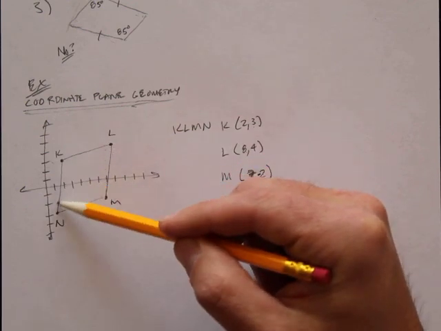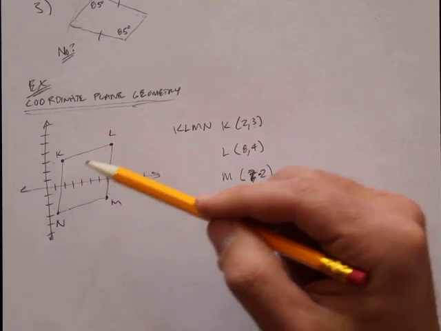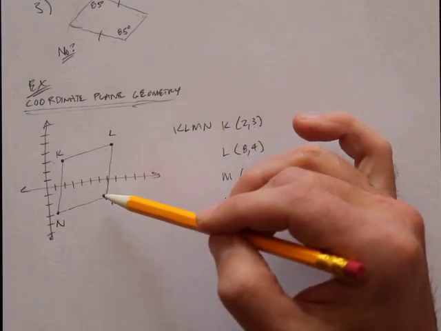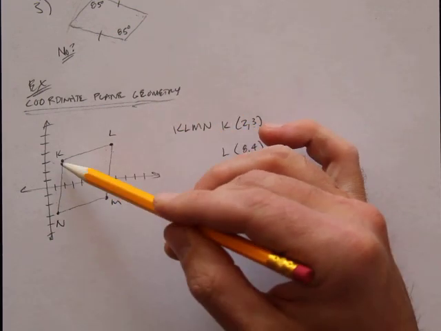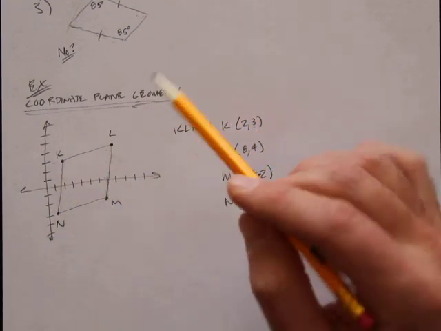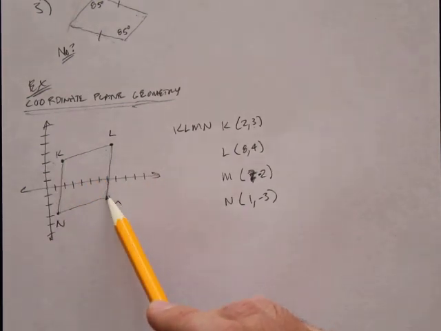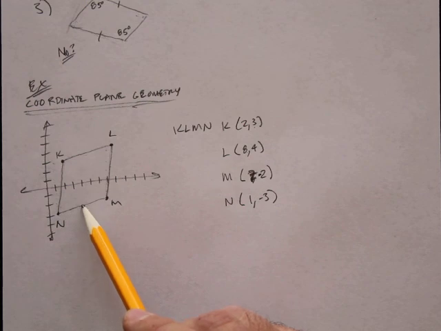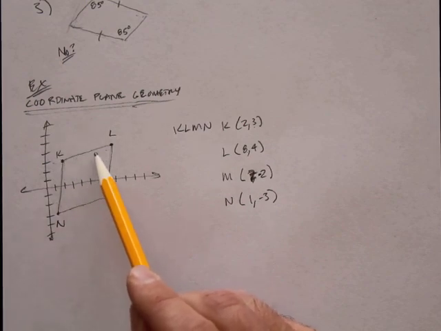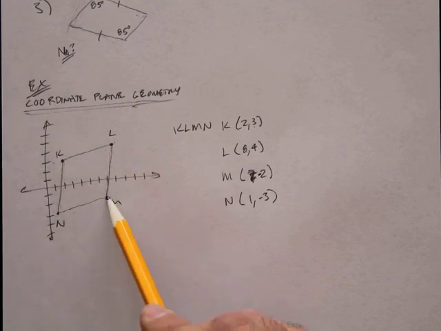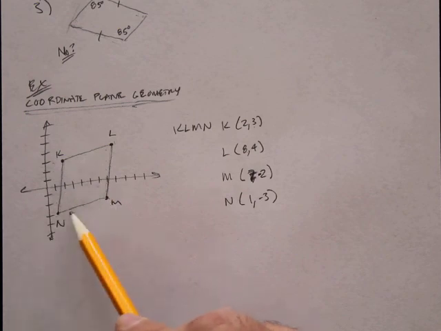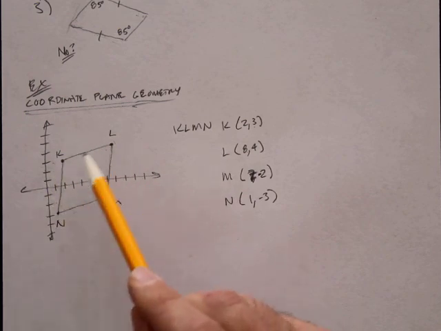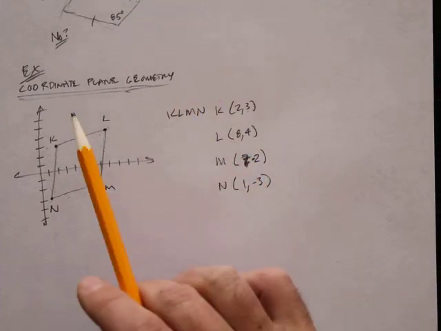If the slope is the same between these two, then these are parallel. And so I could check to see if these slopes are the same and these slopes, and then I know these are parallel and these are parallel. I can do that by counting, but I'm not totally clear. If I would have done this on a really nice grid, then I could be sure.